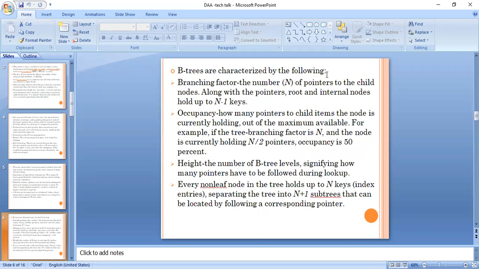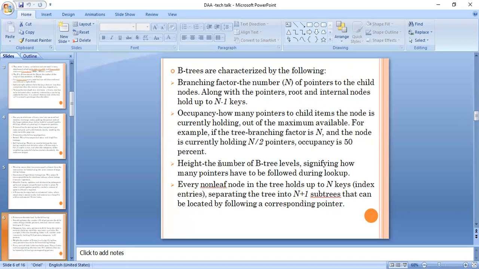B-trees are characterized by the following. Branching factor: the number n of pointers to child nodes. Along with pointers, root and internal nodes hold up to n minus 1 keys. Occupancy: how many pointers to child items the node is currently holding out of the maximum available. For example, if the tree branching factor is n and the node is currently holding n by 2 pointers, occupancy is 50%.